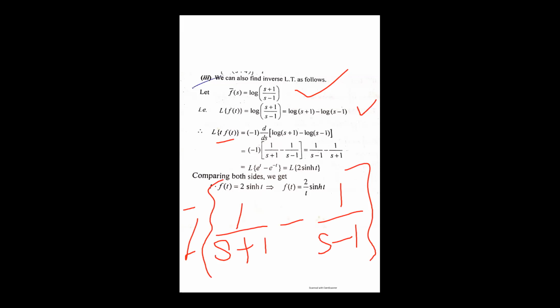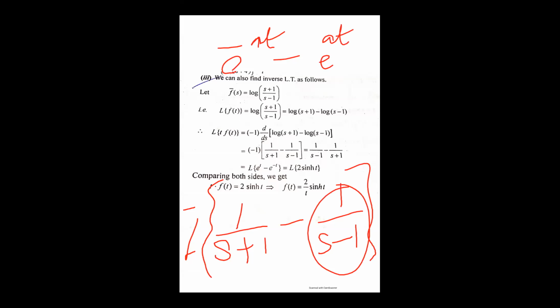L inverse of 1 by s plus 1 is e power minus at, minus L inverse of 1 by s minus 1, which is e power at. We need only the f of t value on the left hand side, so we divide by t on both sides.